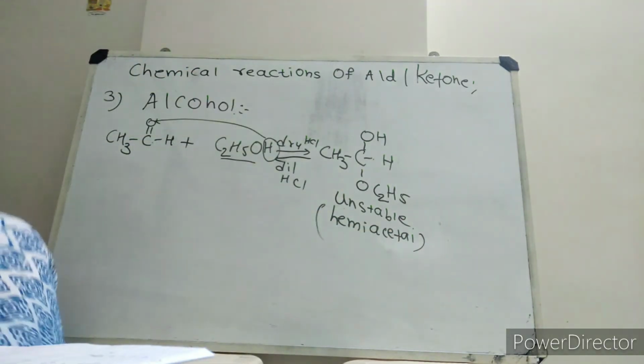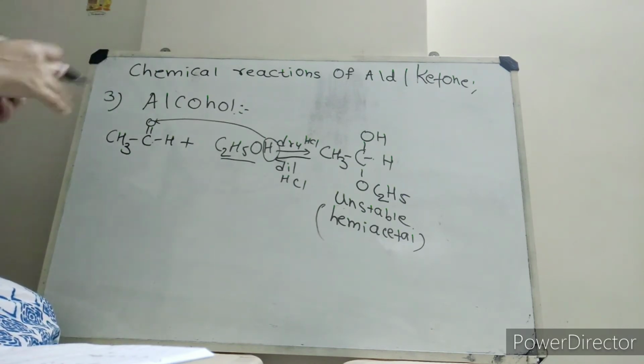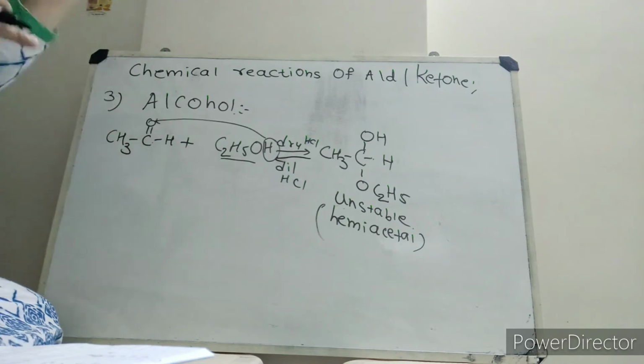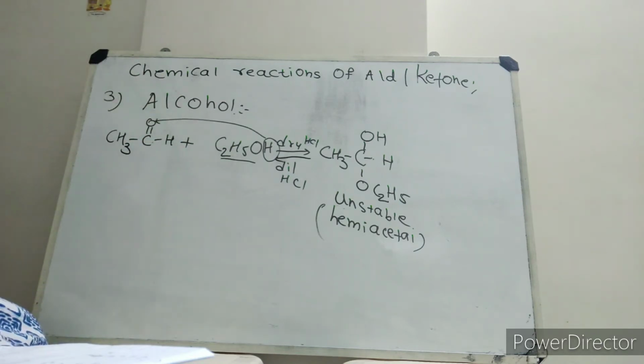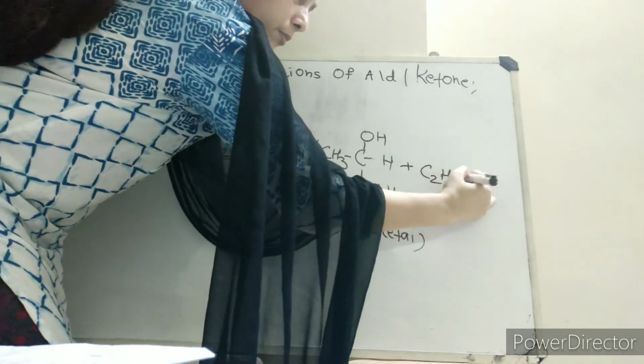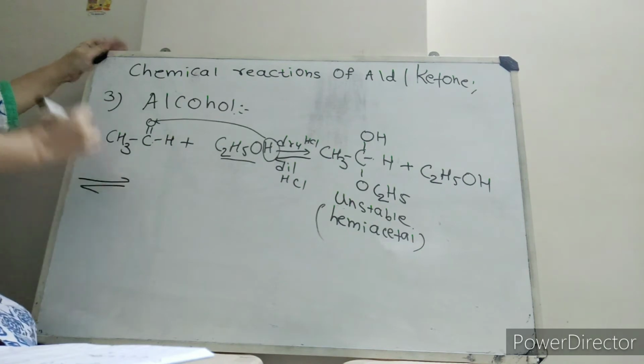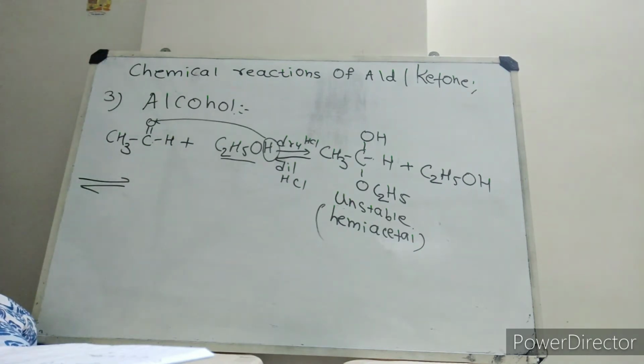Now this hemiacetal combines with a second molecule of the same alcohol, C2H5OH, same thing in the presence of dry hydrogen chloride.